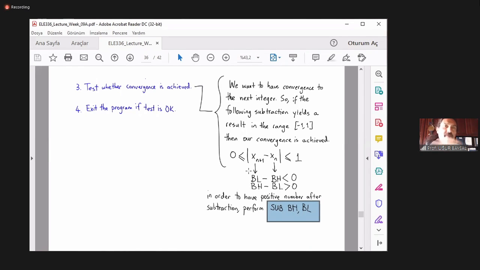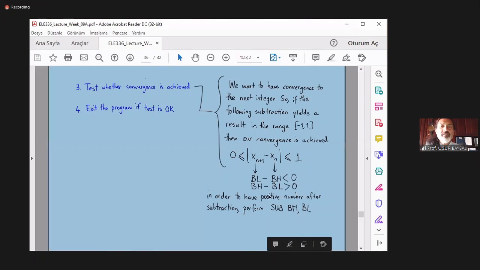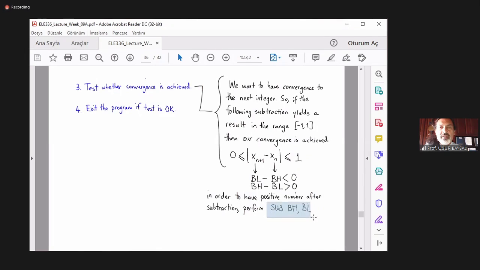For the initial guess of 20, we are always going down. So our next iteration is always lower than the previous iteration. So in order to avoid having a negative number, we have to subtract BL from BH and store in BH. That's a positive number.